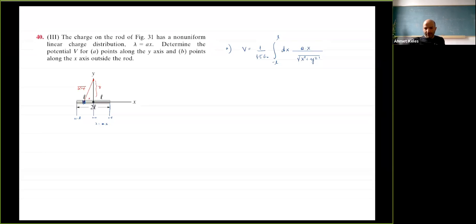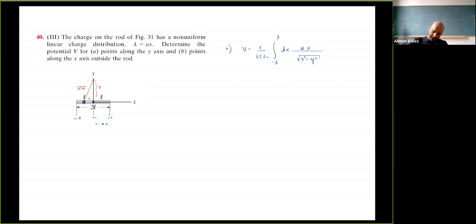Good point. It's odd. Actually, the integrand is odd, right? There's x to the power 1, so everything else is even. So do I have to calculate this integral? What's the result of the integral?